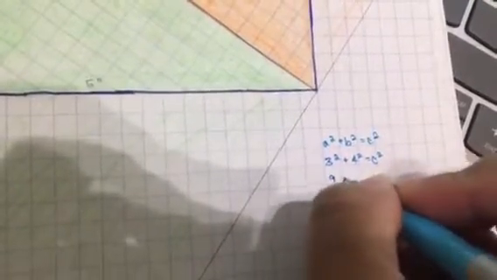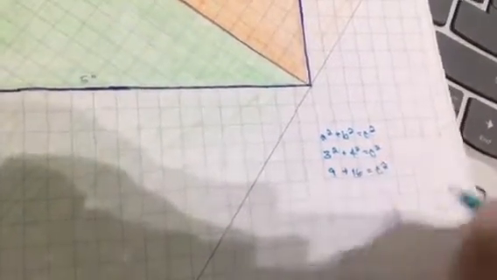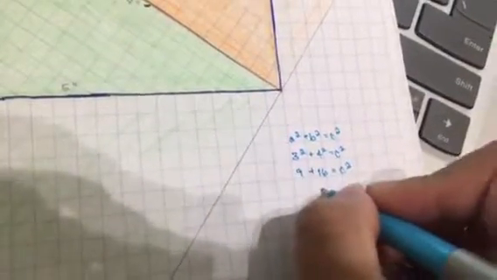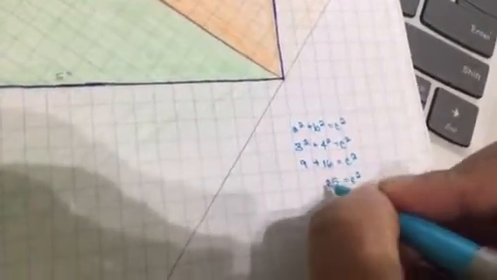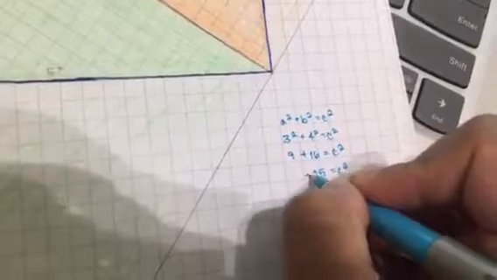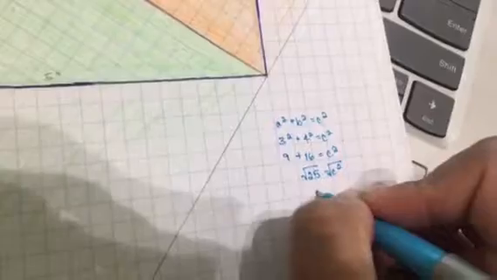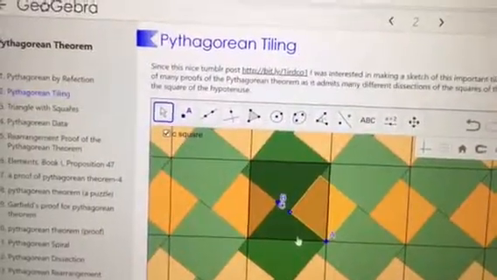So you get 9 plus 16 equals c squared. And adding 9 plus 16, we get 25 equals c squared. So let's get c by itself. So we need to take the square root. So c equals 5. So now we know that this is 5 inches. And the Pythagorean tiling works.